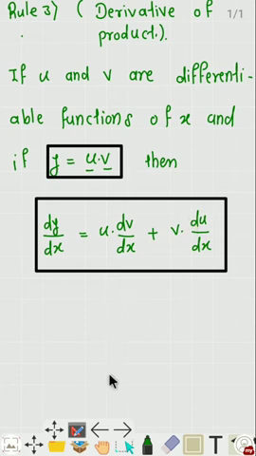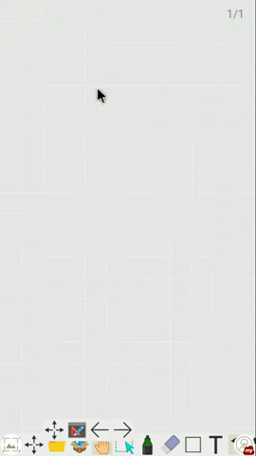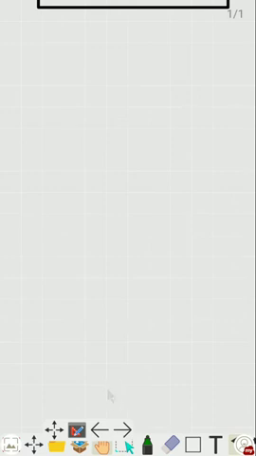Now go to rule number 4. The fourth rule is called the division rule, the derivative of a quotient.